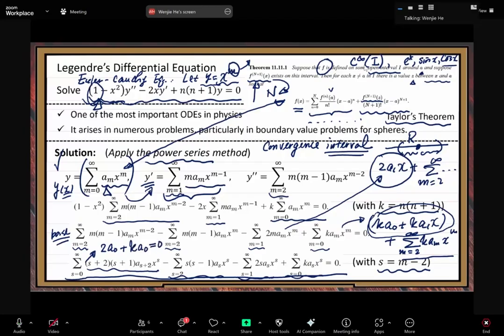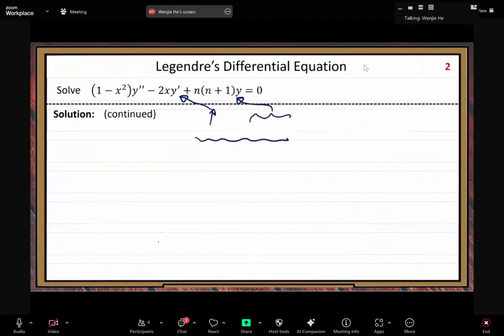Then you can see from our next slide, that's that equation. Because this is K, K times A0. 2 times 1. So that's the reason we get the first equation.